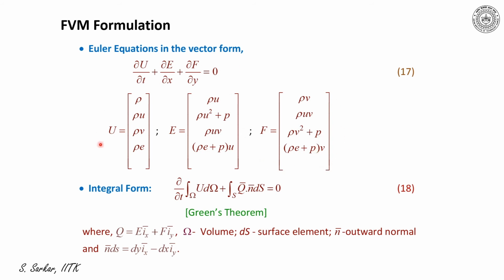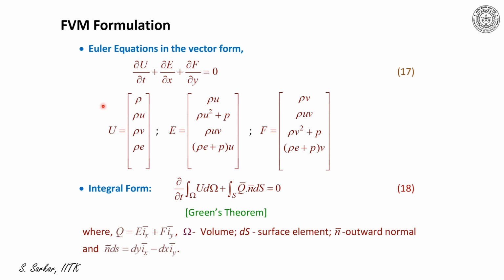Now, the equation 17 has been put to the integral form with the help of Green's theorem as ∂/∂t of the volume integral of U dΩ plus the surface integral of Q dot η dS is equal to 0, where Q is given by E into i_x plus F into i_y, where i_x and i_y are the unit vectors in x and y direction, Ω is the volume of a cell, dS is the surface element.